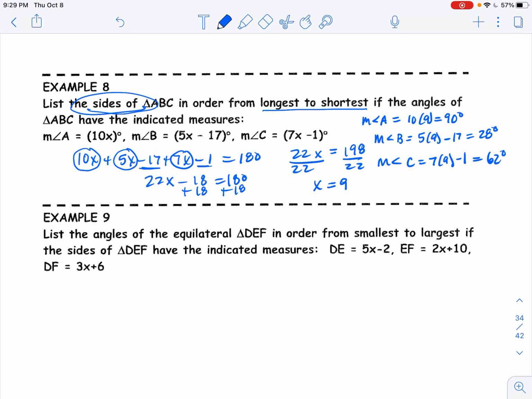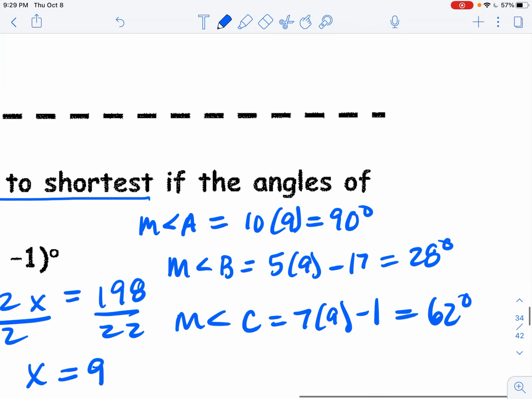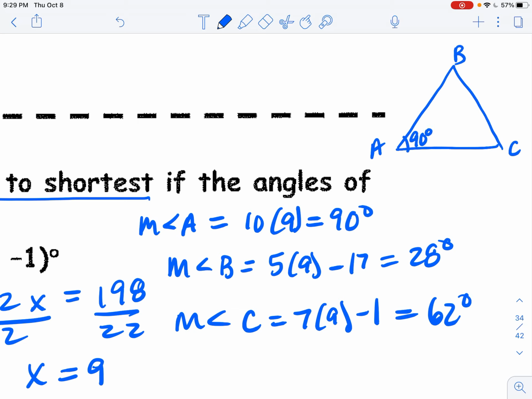First of all, I want to try to draw a picture of this so I can get a visual. This is not drawn to scale, but ABC. Angle A is 90. Angle B is 28. I'm going to have to draw this a little bit bigger. Give me 1 second. A, B, C. This guy is 90, and again, not drawn to scale. Angle B is 28, and angle C is 62.